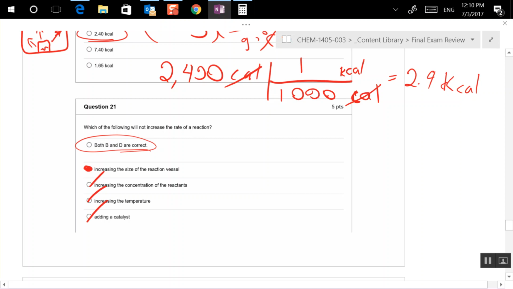That one won't. So it can't be this answer. Some other people would have these in a completely different order. So if that kind of thing happens to you on the test, then just find the ones. If there's 2 things that are right, choose that answer. If only one of them's right, then choose the right answer.